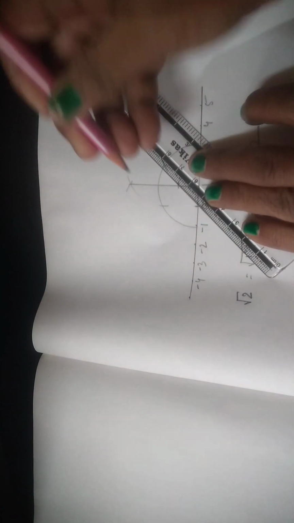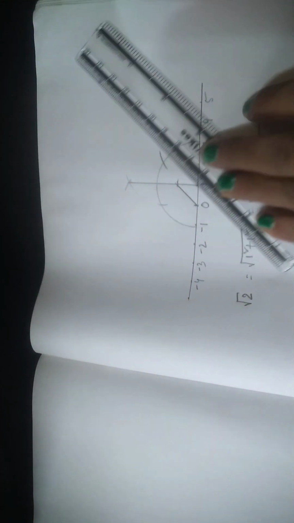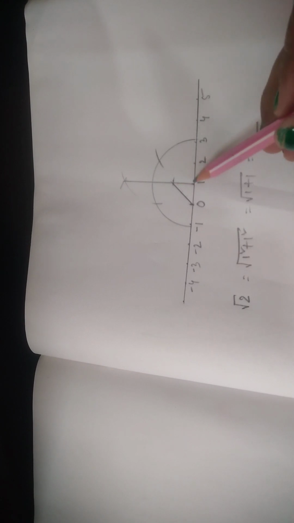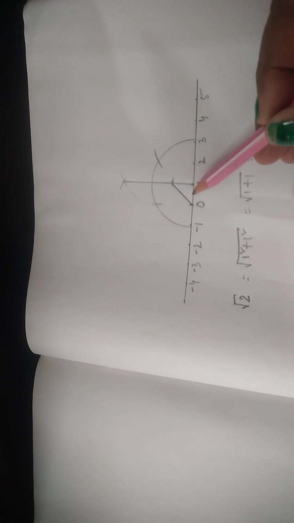This is the value of root 2. This is 1 centimeter, this is also 1 centimeter. This is 90 degree, so this is a right angle triangle, this is hypotenuse, this is perpendicular, this is base.